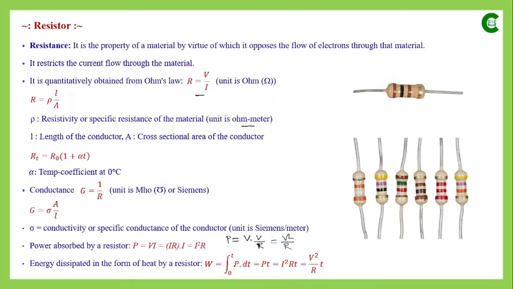Now if it is for a long duration of time, then that small amount of energy dissipation will be integrated over a long period of time. So small energy dissipations will be added together to get the total energy dissipation by that resistor.